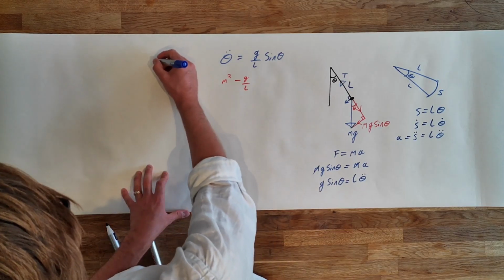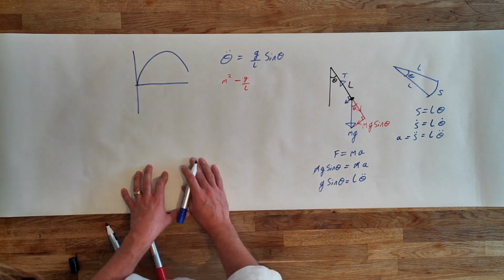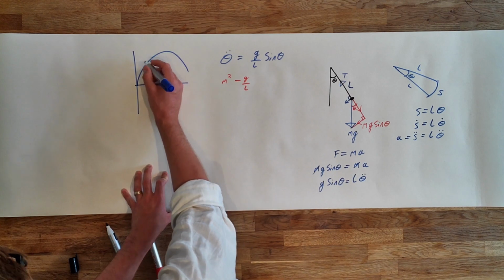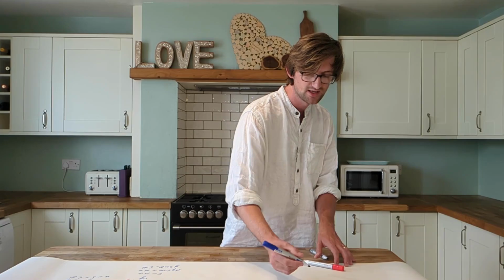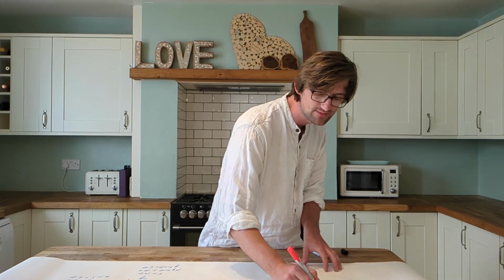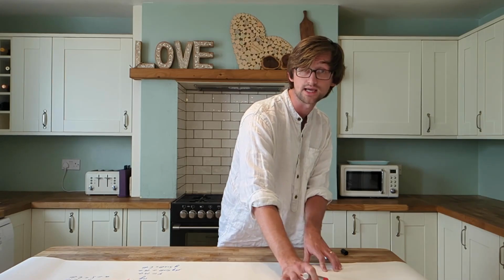What we're going to do for that sine theta is draw a quick graph of sine theta that looks like that. And you might notice that in this section over here, if we just focus on this area, sine theta is actually asymptotically equivalent to a straight line in that section there.